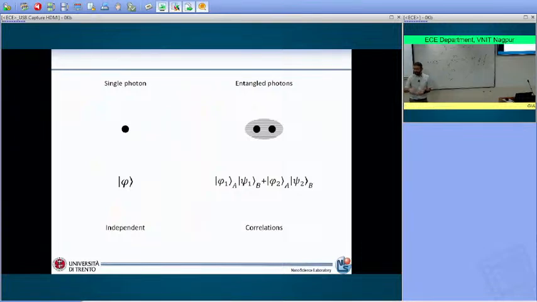Instead, if the two photons are correlated, the wave function is the sum of the wave function of the photons in a state plus the wave function of the photons in another state. So you have a strong correlation between the two photons, so that the measurement of one photon determines the state of the other photon. If the two photons are single photons, the measurement of one photon does not determine the state of the second photon. No quantum correlation.